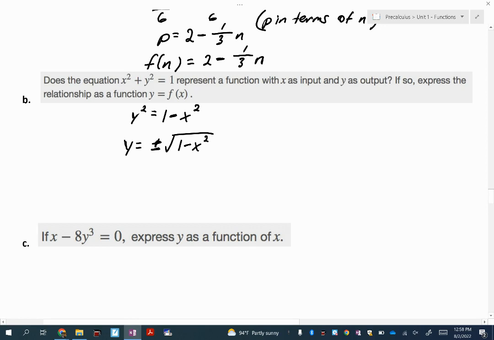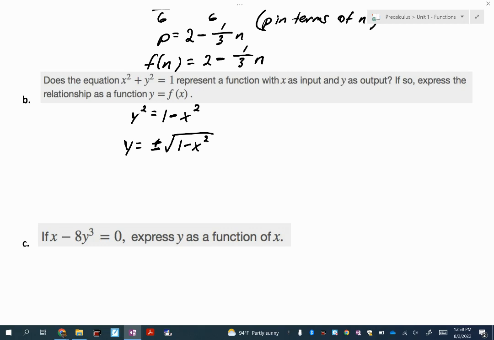Now, you may not recognize this, and that's okay. This is not something that you necessarily remember from your days in Algebra 2. We'll get there in a moment. But when I look at this, if I were to plug in values for x, I can plug in 0. 0 squared is 0, 1 minus 0 is 1, and the square root of 1 is 1. But when you plug in 0, you get two different numbers: positive 1 or negative 1.